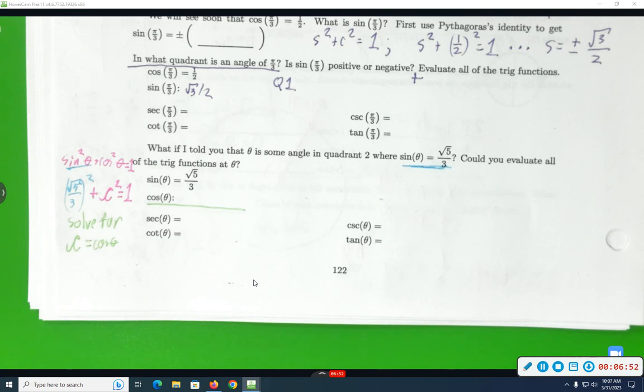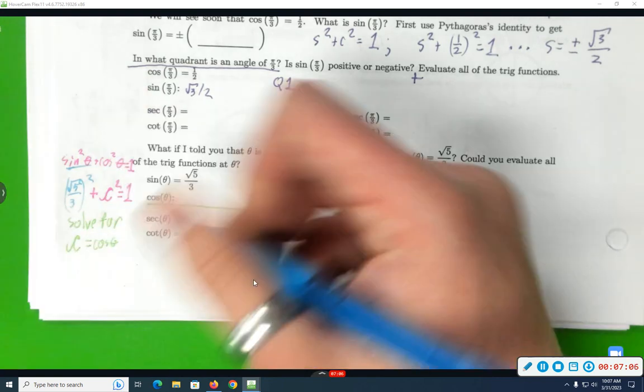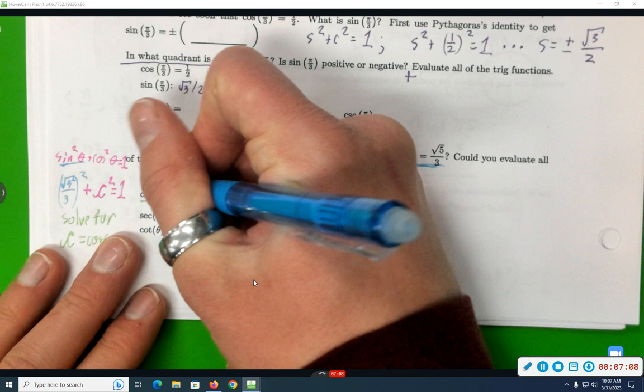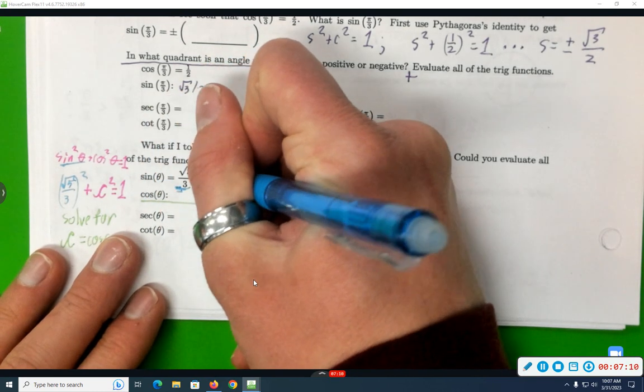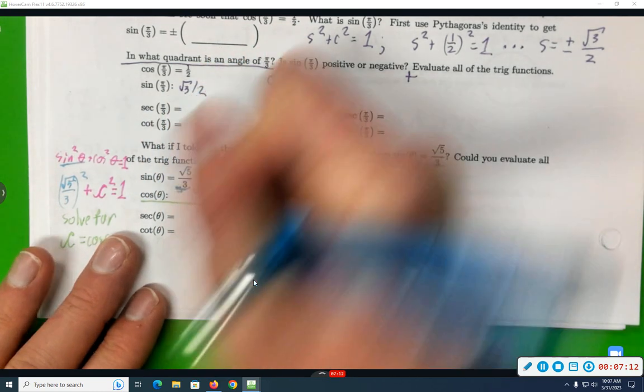Cosine of theta is? What do people get? Anyone settling on a different value? Negative root 4 over 9.